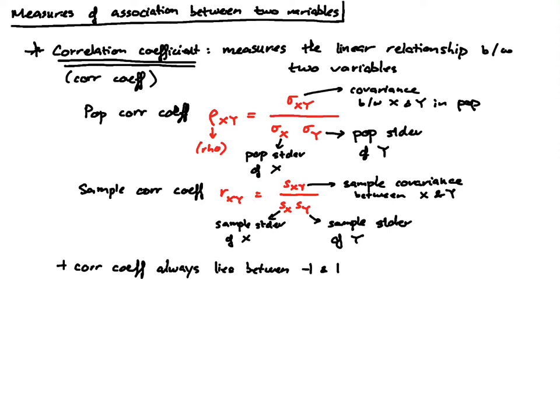I'm going to talk about the sample here, but everything applies to the population as well. So if the correlation coefficient is 1, so if Rxy is equal to 1, then there is a perfect positive linear relationship.